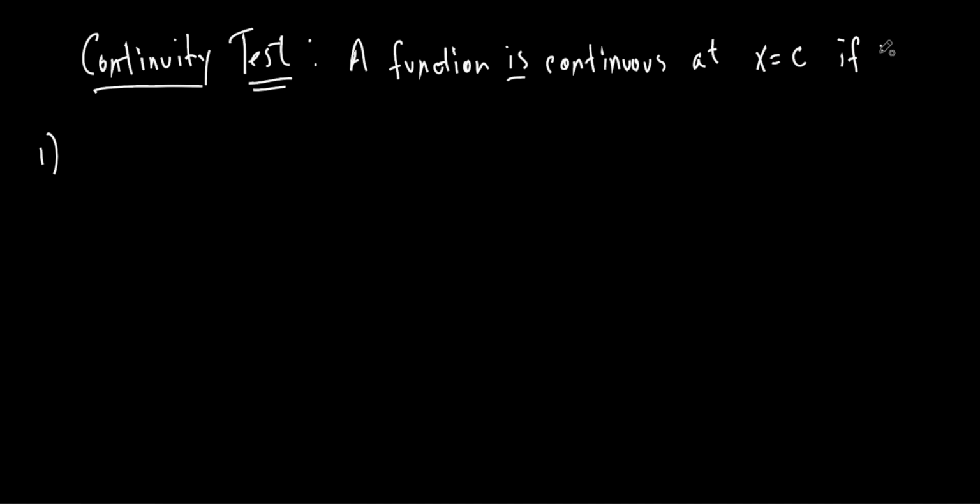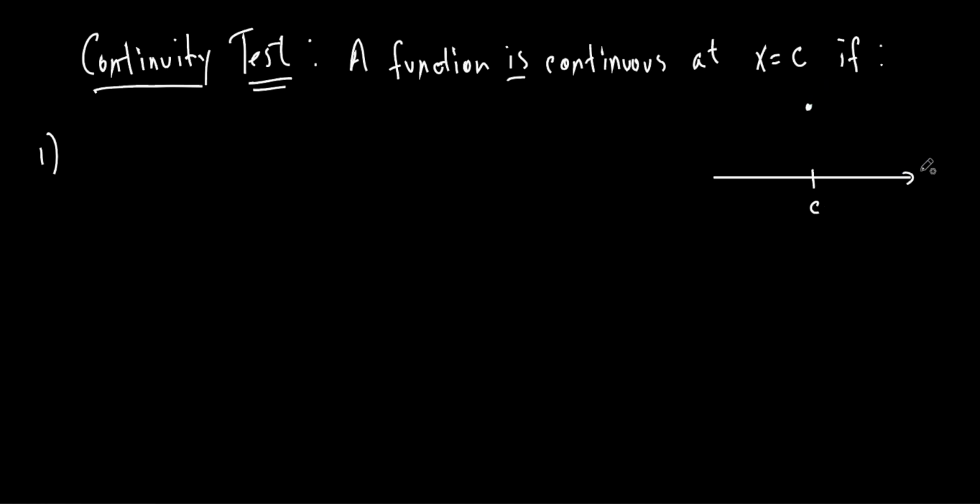If blank. Actually, no, I'm not going to do that. I'm going to do this. Here's a little number line. Let's say this is at point C, and then there's a point out here.